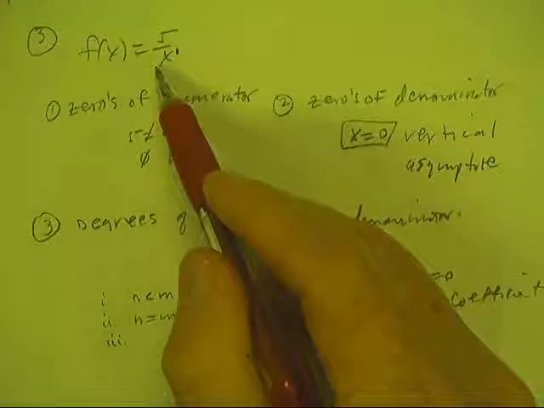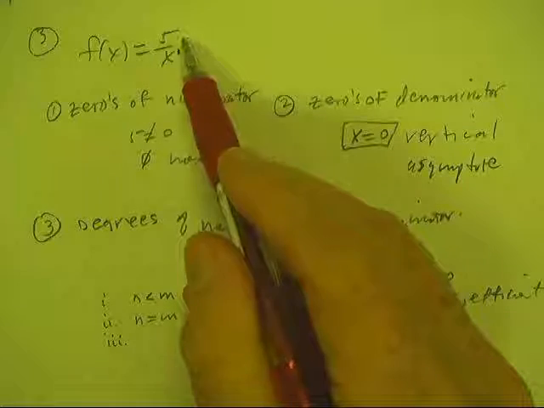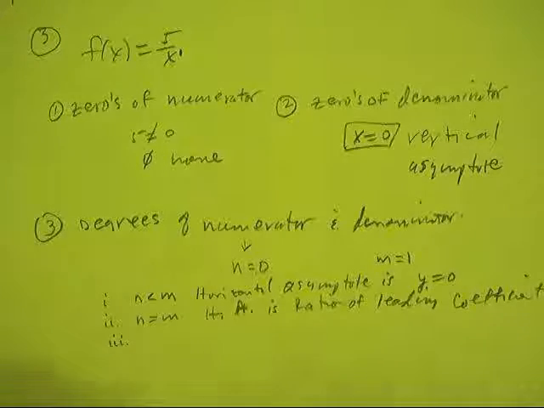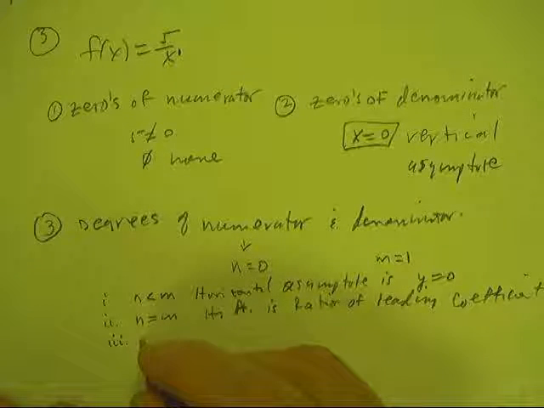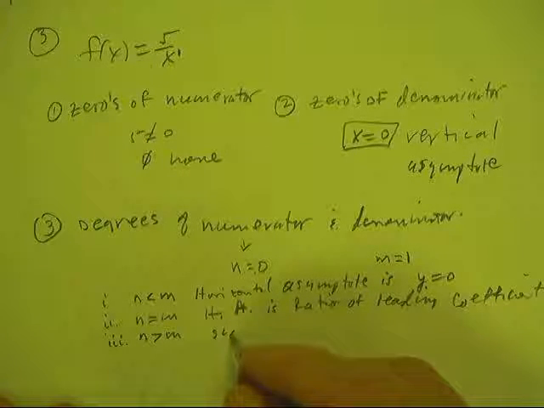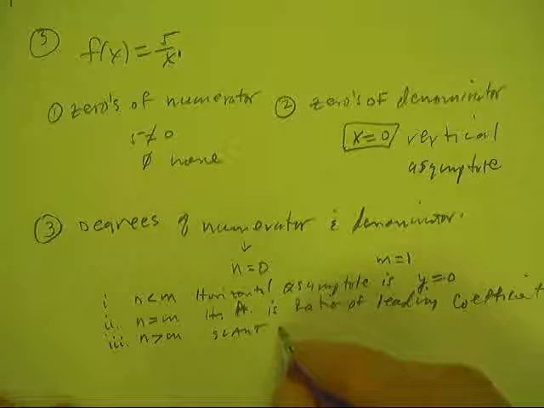So let's say I had x in the top also. If I had 5x in the top and x in the bottom, I would take 5 and 1 and make a ratio out of them. Of course, then the degree of the top could be greater. And if that's the case, we have a slant asymptote.